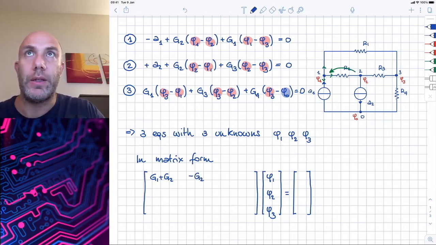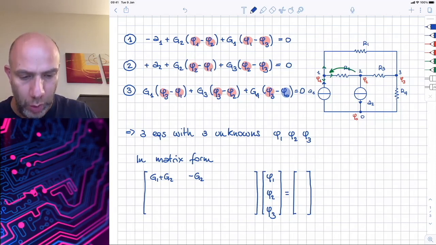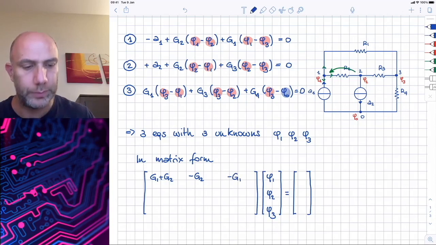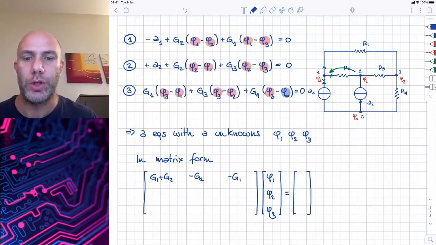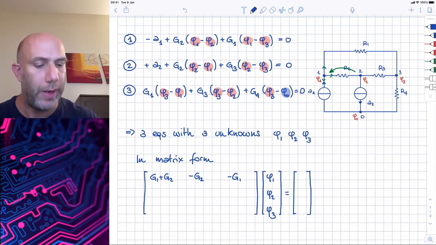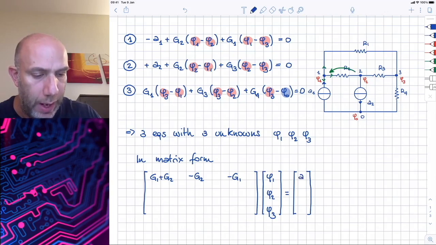And finally, the term that multiplies phi 3 is minus G1. We have in the first equation the value of the current generator A1 that goes to the right-hand side, and so we have A1.